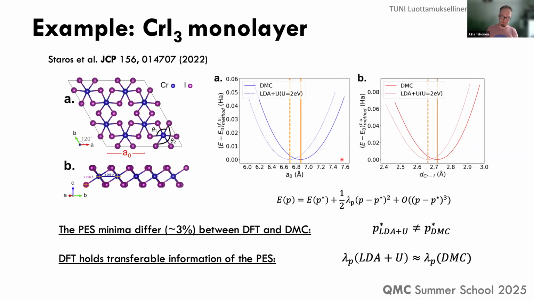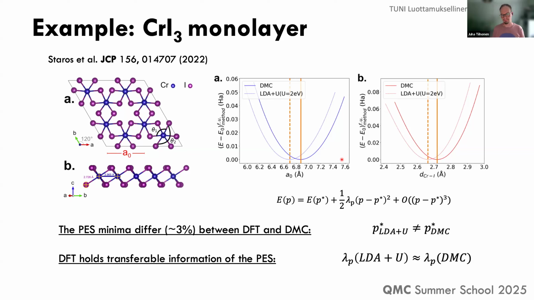And if we just, for analysis, expand this PES slice to second order in the parameter displacement, we notice that indeed the energy minimizing parameter value P star differs by some 3%.